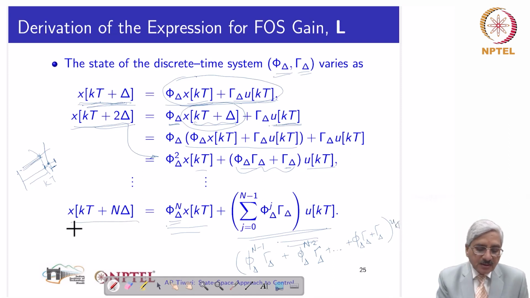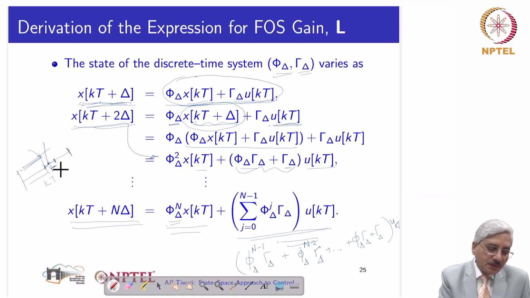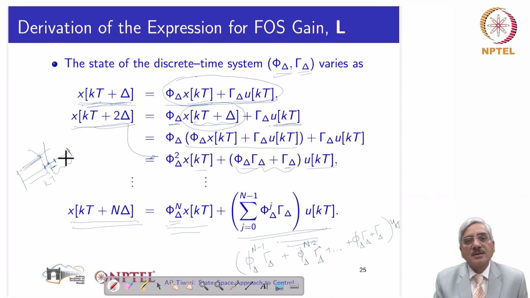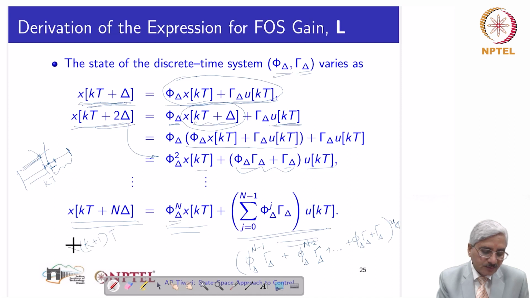So that gives x kt plus n delta, the x at the end of the next sub-interval, or x k plus 1 t, because n delta is t.